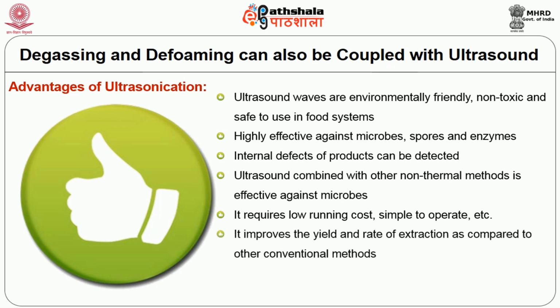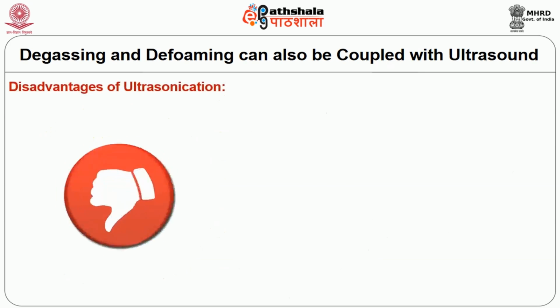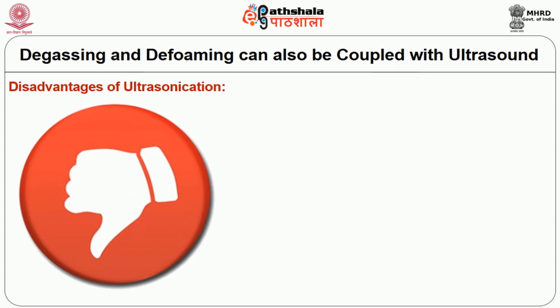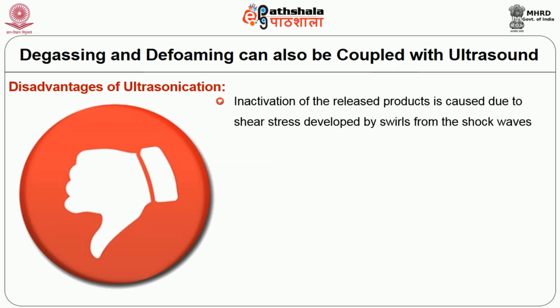It improves the yield and rate of extraction as compared to other conventional methods. This involves minimum loss in flavor and yields superior consistency of product. Regarding the disadvantages of ultrasonication, inactivation of the released product is caused due to shear stress developed by swirls from the shock waves.